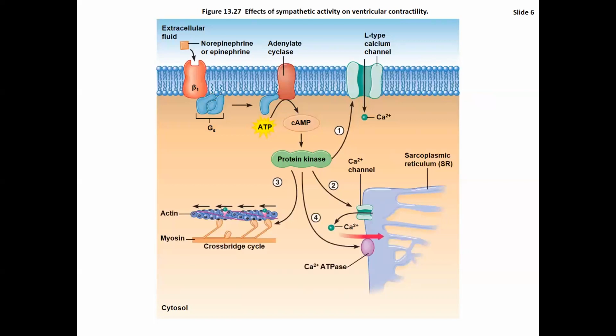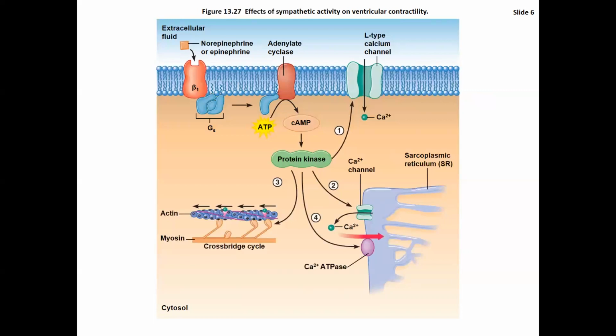The fourth mechanism is by increasing the calcium ATPase pumps on the SR. Again, something we've seen already. Having more calcium pumps on the SR increases the rate with which this muscle can relax. And we know if the muscle relaxes faster, it's going to contract faster as well.